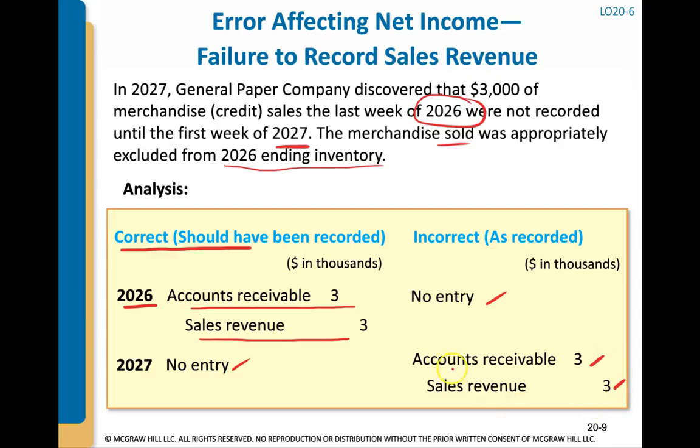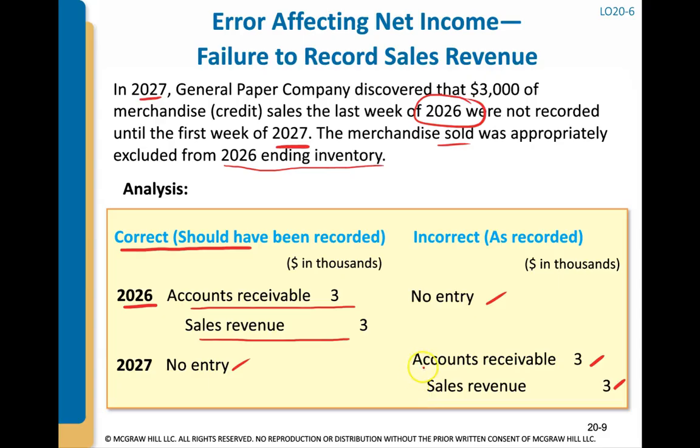Okay. Now, they discovered this in 2027. But let's just say, before we get into this example, they discovered this in 2028. Then it would be considered self-correcting, because by 2028, hopefully that accounts receivable is gone because it's already been paid off by the customer.